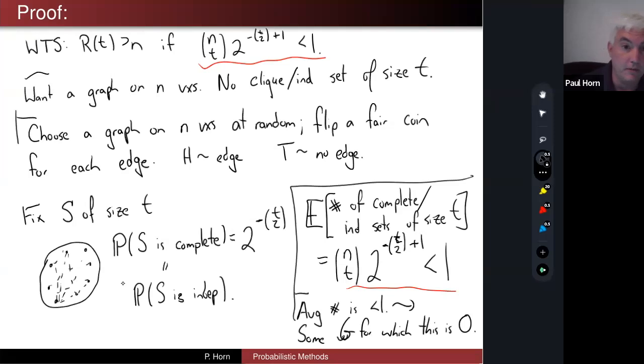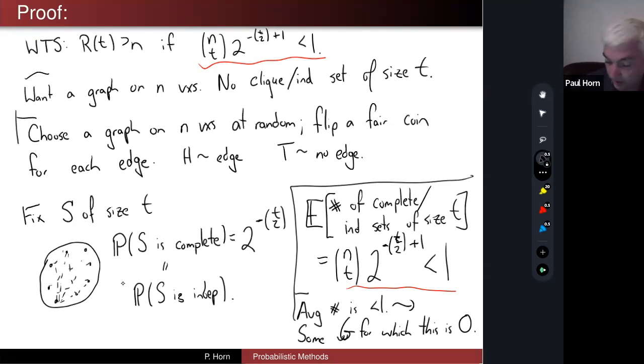That's the probabilistic method. I've looked at some random experiment, and I've shown that, somewhere out here in this space of graphs, there must be something small, at most this average.